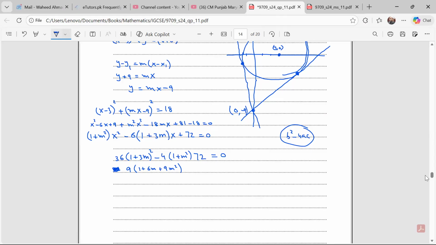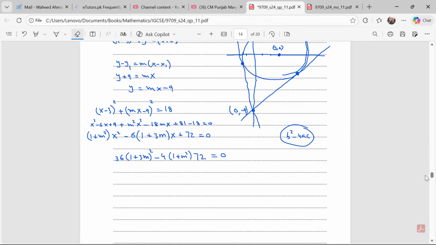Sorry, what did I do? Oh, hold on a second. I could have done something better here. What I'm trying to do, if I divide it by 36, so it is 1 plus 3m squared, minus 36 times, this is 2, it will be 8 into 1 plus m squared, equals 0.